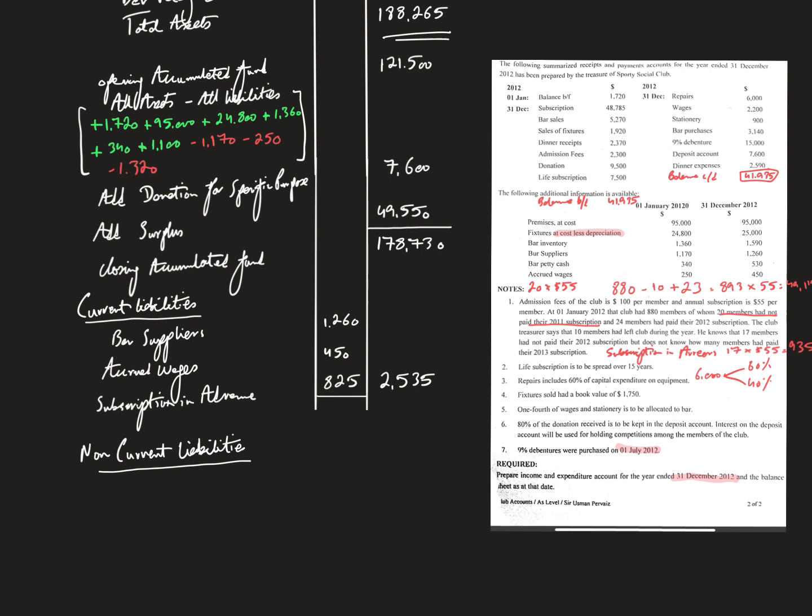Non-current liabilities. I have life subscription. पूरी कितनी मिली थी हमें लाइफ सब्सक्रिप्शन? 7500. उसमें से हमने इनकम में कितनी इस साल रिकॉर्ड कर ली है? 500. तो रिमेनिंग कितनी रह गई? 7000.